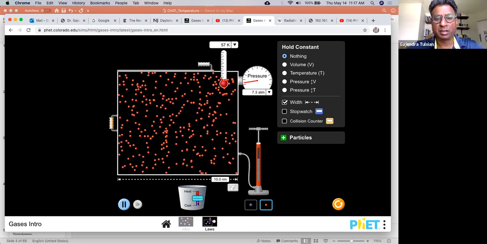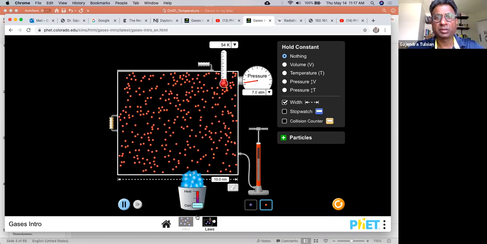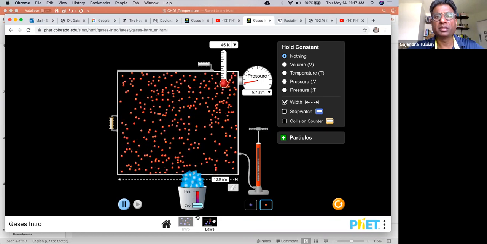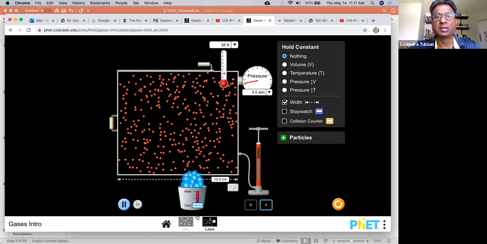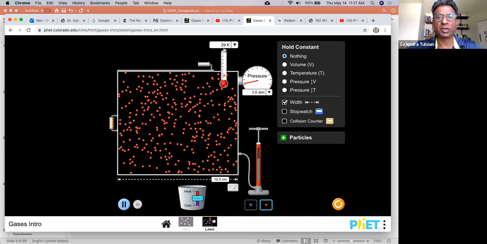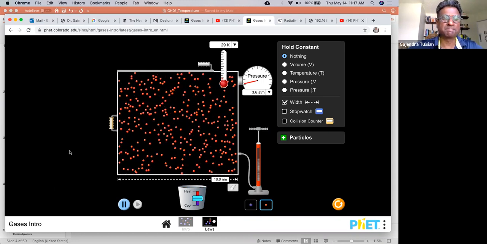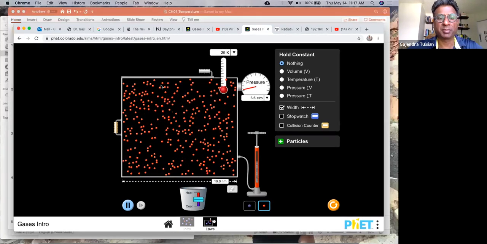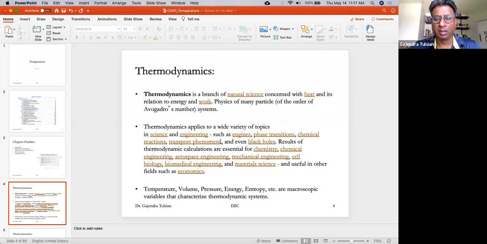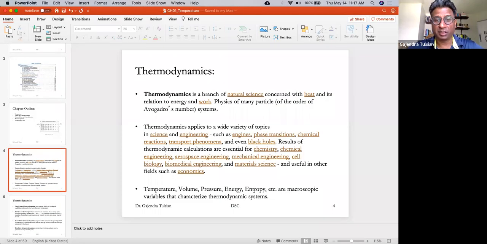I don't believe this simulation actually goes to absolute zero. But anyway, that's the idea. So temperature measures the average kinetic energy per particle. Again, the important thing is the laws of thermodynamics apply to many particle systems.